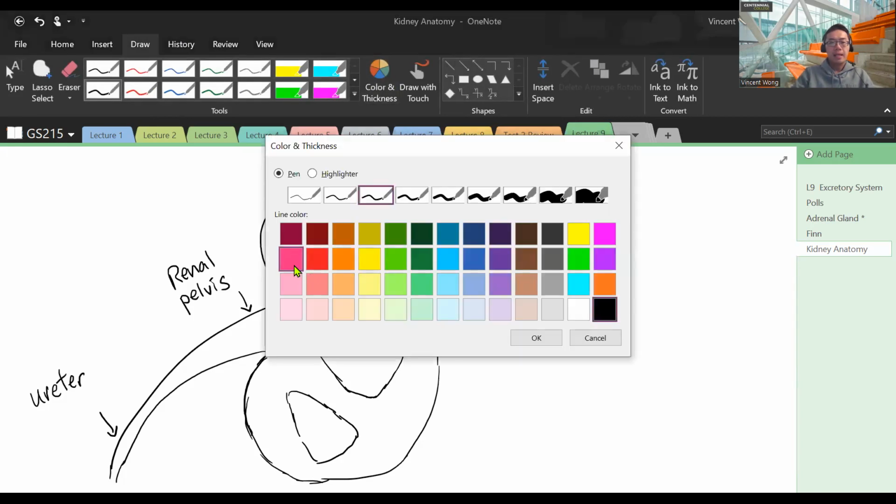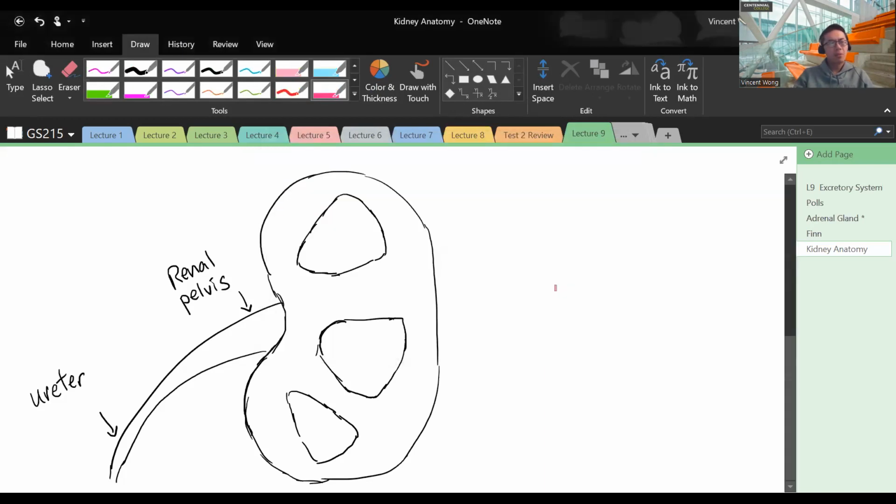If you go to the supermarket, the butcher section, the meat section, sometimes you can actually buy kidneys, like pig kidneys. That's a common one. I think I've seen cow kidneys sometimes as well. And remarkably, it looks very similar to the human one.